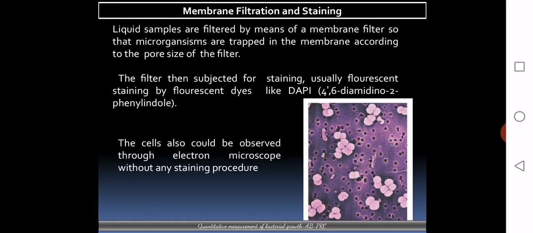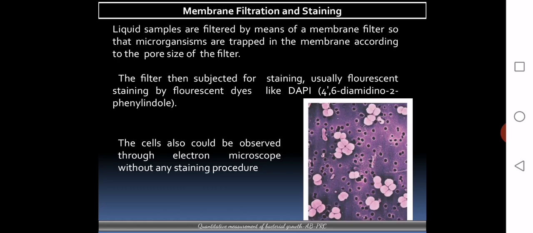Usually the liquid samples are filtered by means of a cellulose filter or a membrane filter, and the organisms trapped in the filter, or the filter itself, will be subjected to staining. Usually we prefer fluorescent staining, with DAPI or some other fluorescent stains, and observe under a fluorescent microscope so that you will get the number directly.